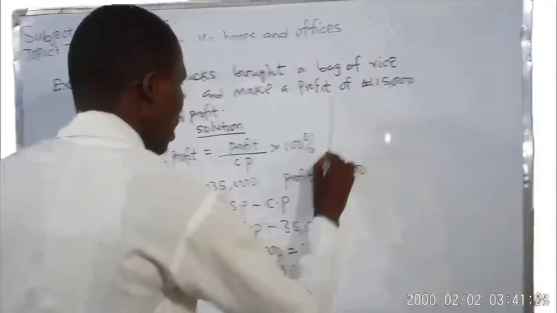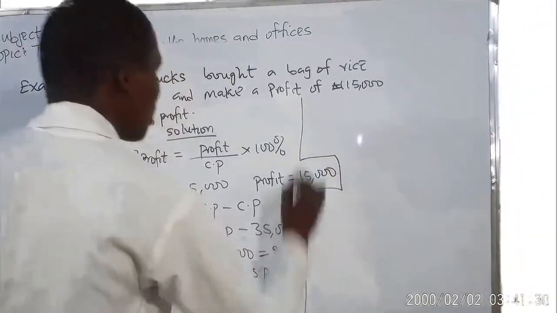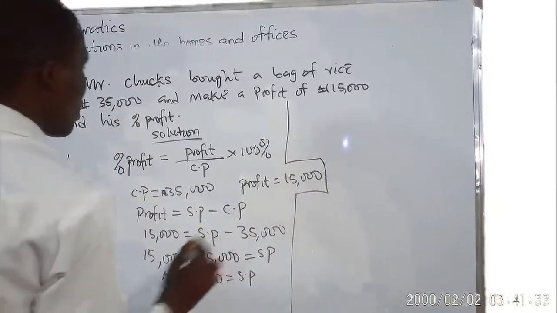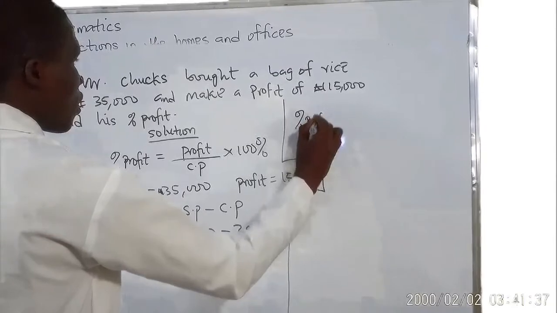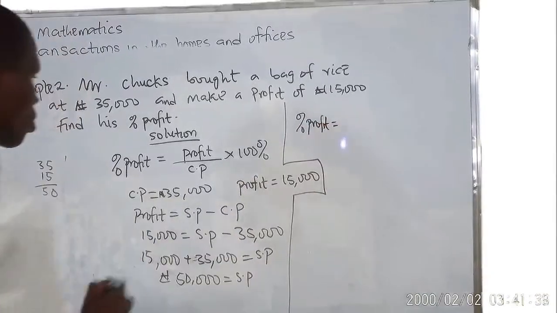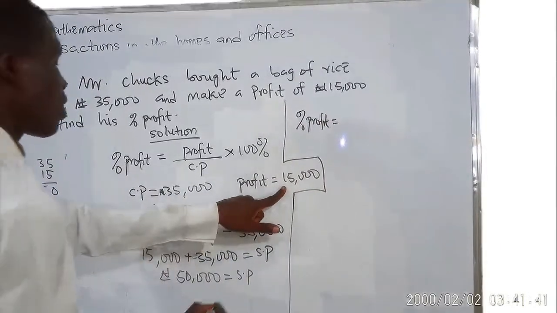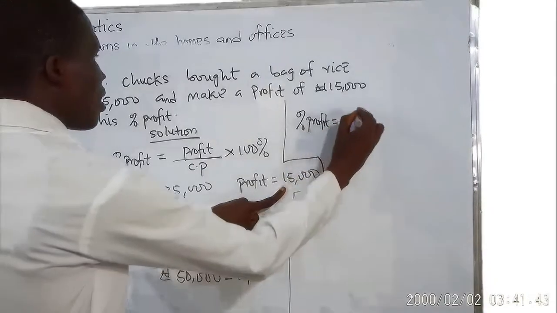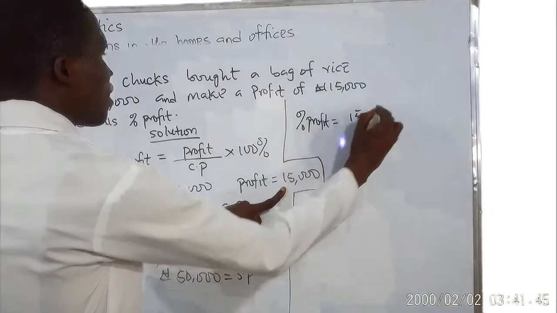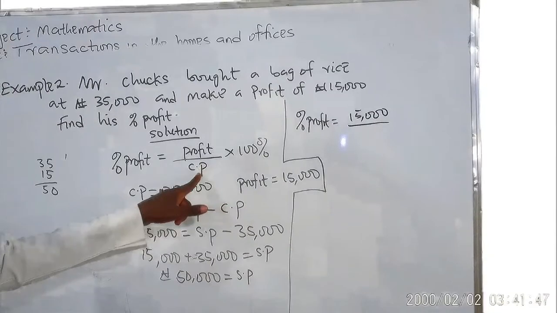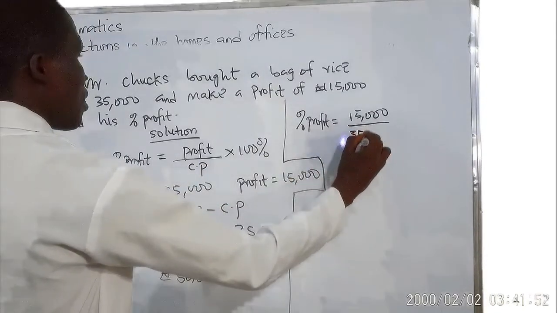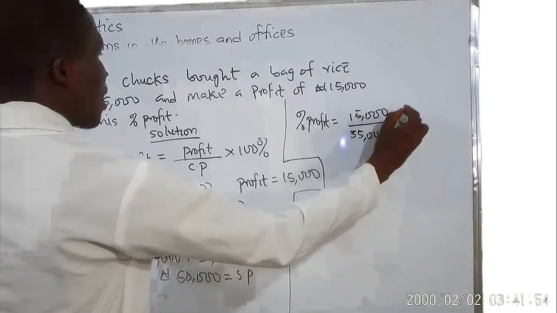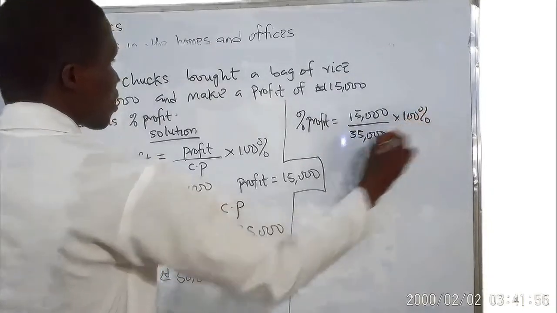Okay, let me manage this. And percentage profit equals, profit is 15,000. Cost price is 35,000 times 100%.